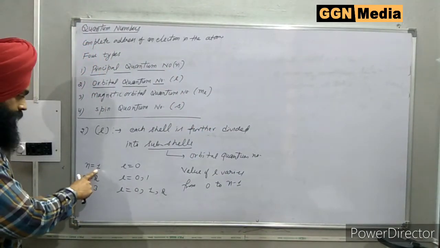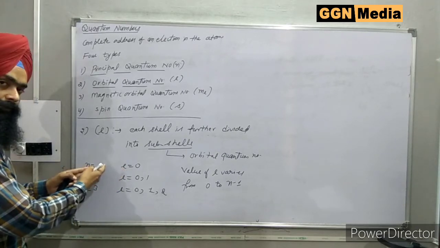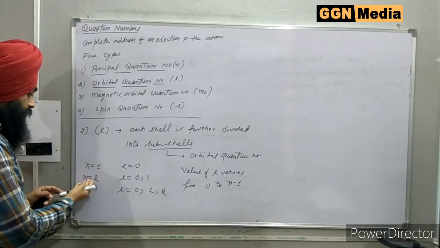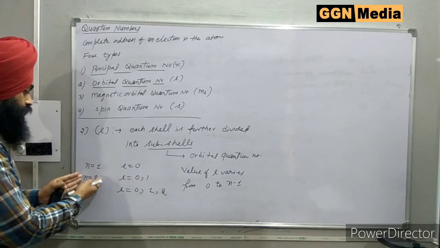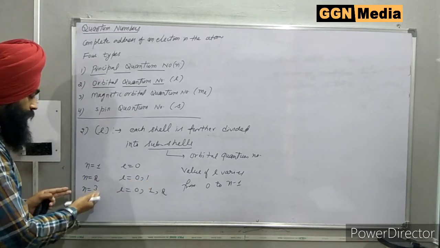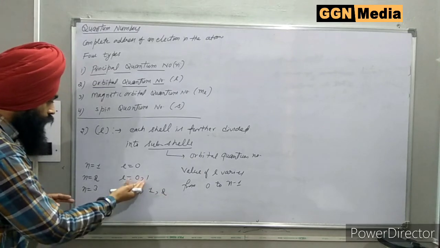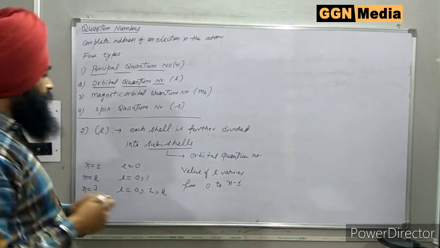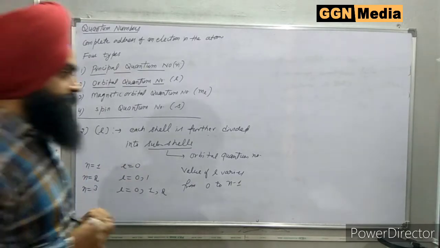For n is equal to 1, l is equal to 0, that is 1 minus 1, which is 0. For n is equal to 2, from 0 to n minus 1, that is 2 minus 1, up to 1. Similarly, for n is equal to 3, from 0 to 3 minus 1, that is 2. So we have 3 values, 2 values, 1 value, and these l values are further given some names of these subshells.